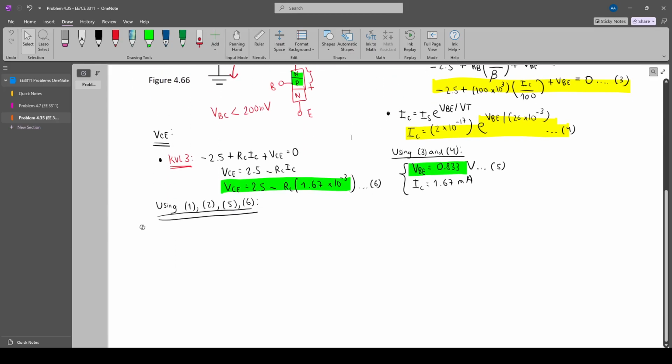Using these equations, let's just start with 1, right? Let's start with 1. And 1 is telling us that VBC has to be less than 0.2.